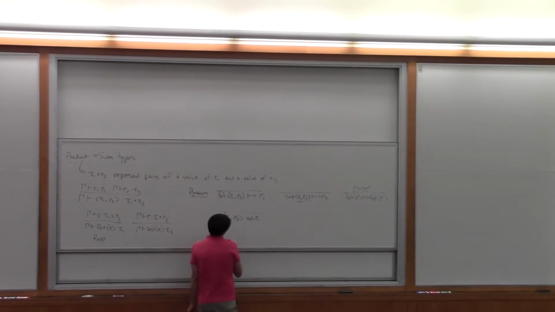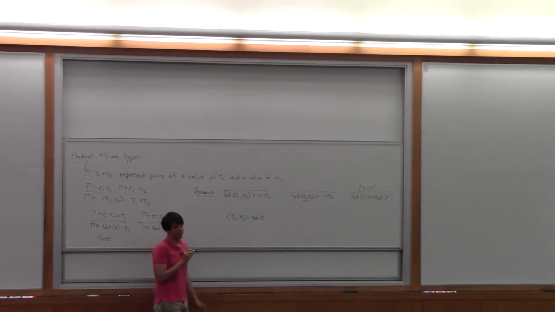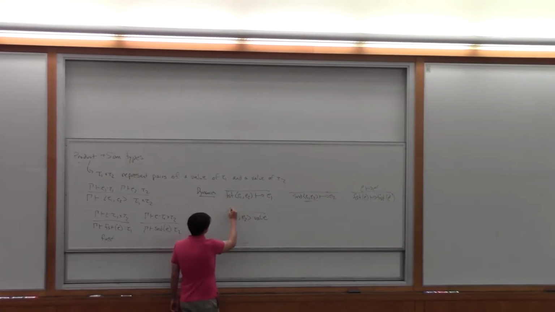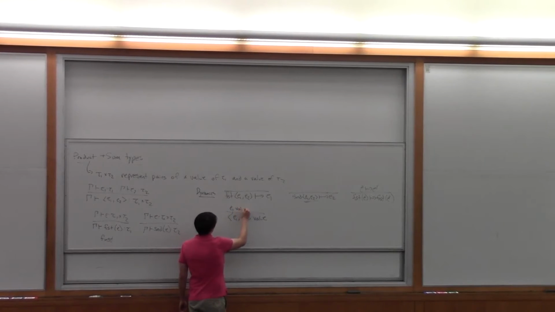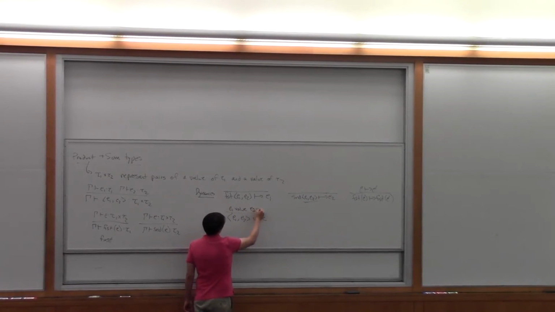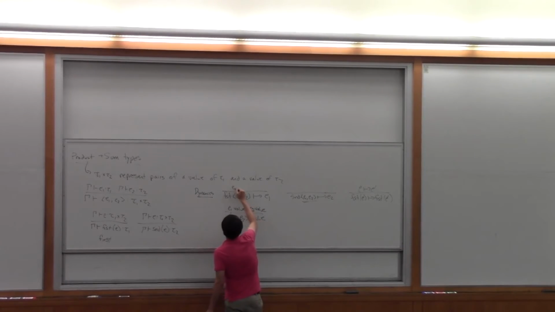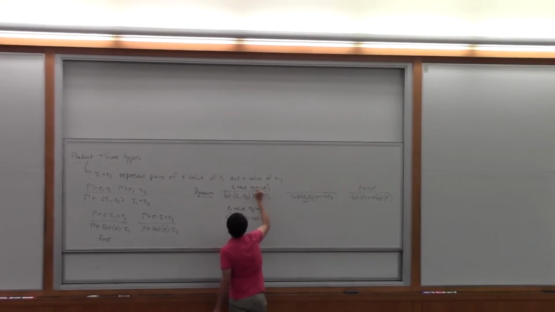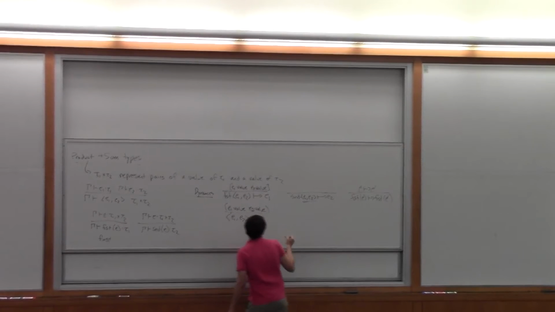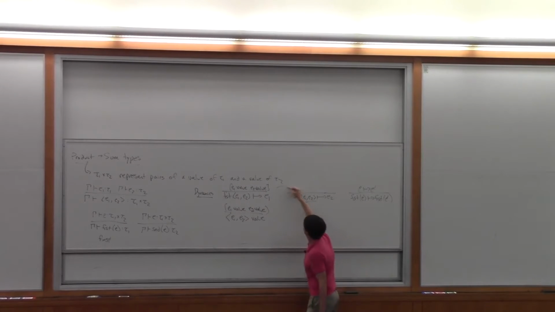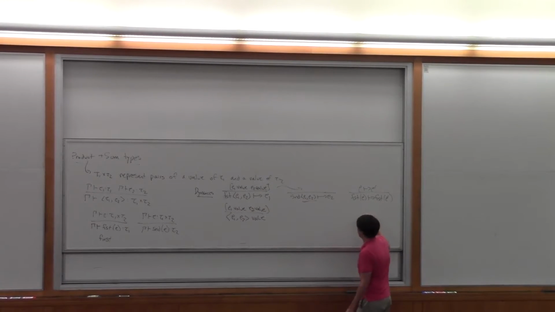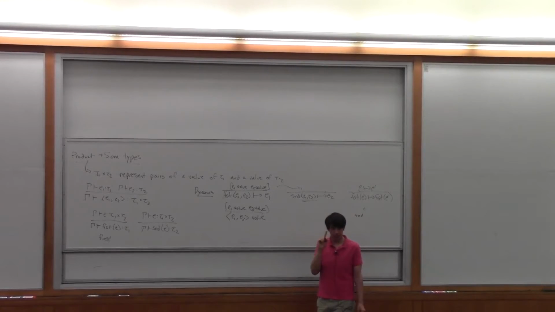If we want eager, then what do we have to do? So we change this to be a pair of values is a value. And then we would want to put that up here too. So these bracketed ones are there for eager and not there for lazy. And similarly over there. And then, of course, we have the same step rule there for second. What else do we need to say?